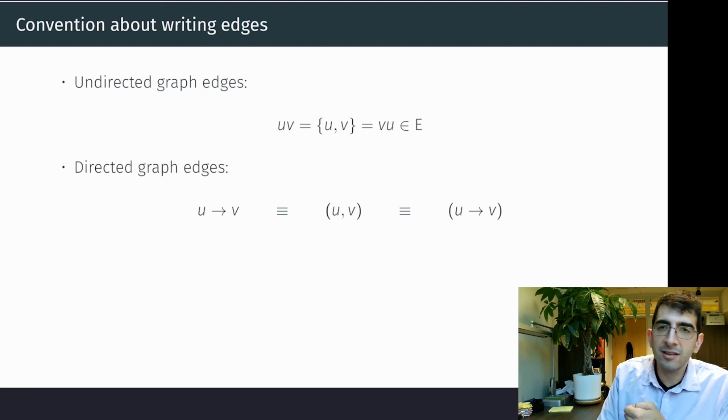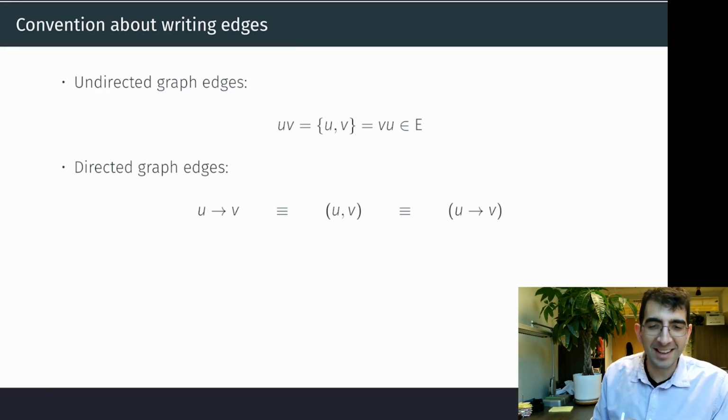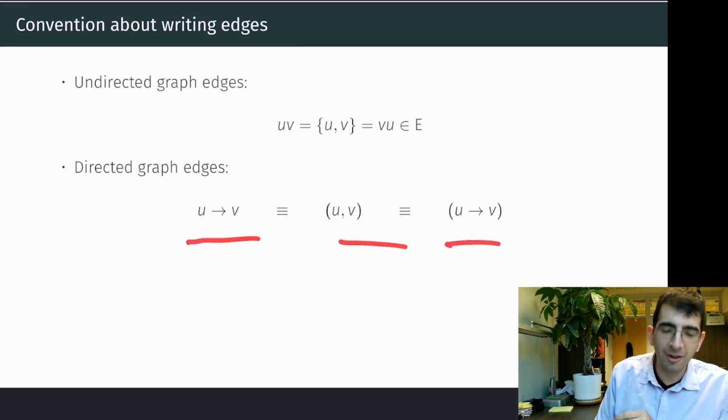Literally every textbook you pick up, you will find a new notation for writing edges. I really wish Knuth would release the Principia of Computer Science and just define the notations firmly. But until that day, you're going to have to slog through all the different notations that exist. And these are the three most common ones, although there are others.